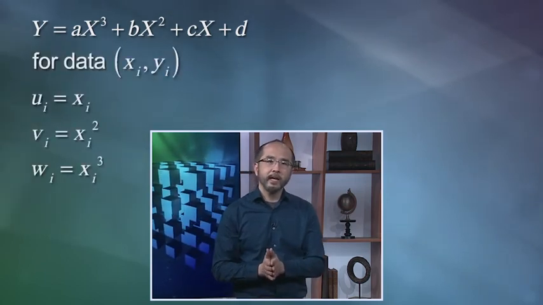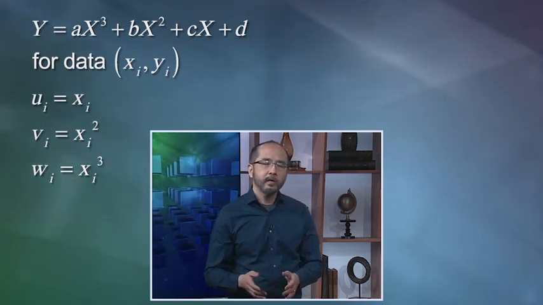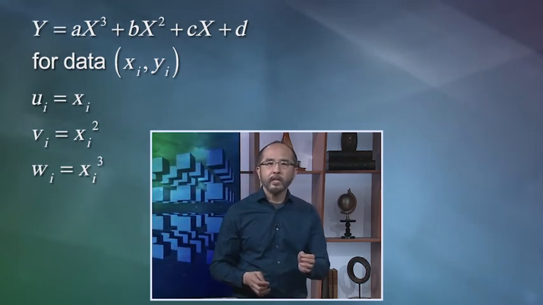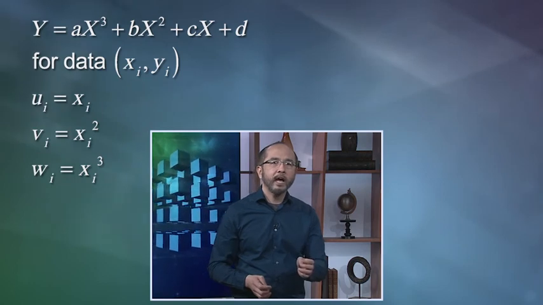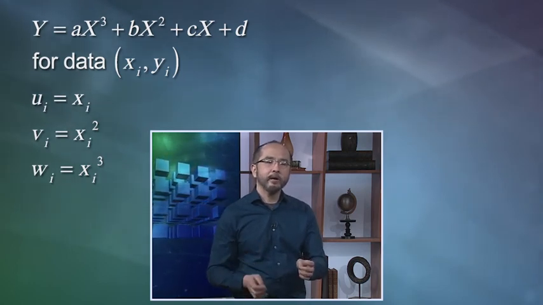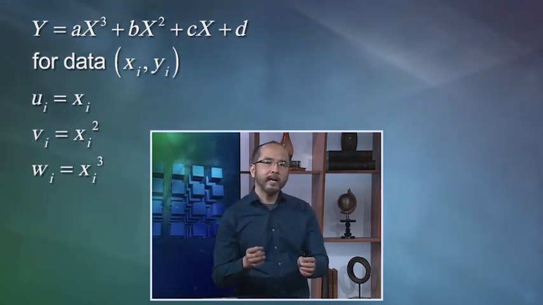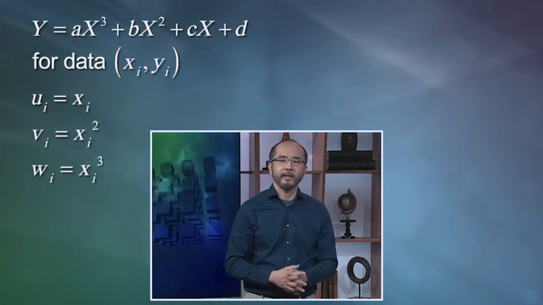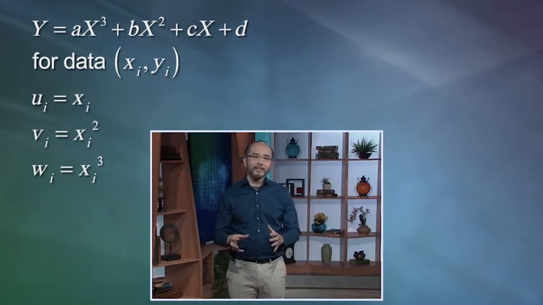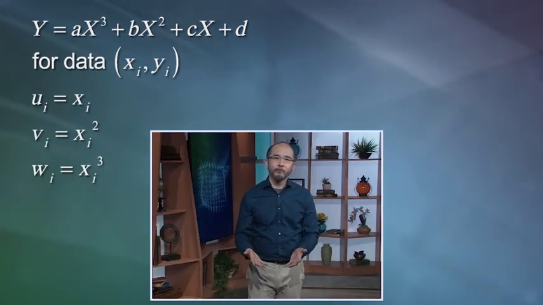So we can use multiple linear regression to do cubic regression. If we take the data x_i, y_i, and make the substitutions, letting u_i equal x_i, v_i equal x_i squared, and w_i equal x_i cubed, then we are exactly in the case we solved before.